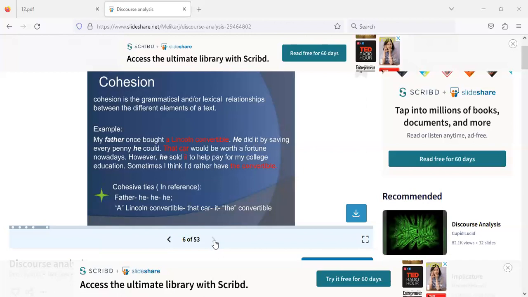So analysis of these cohesive links within a text gives us some insight into how writers structure what they want to say. So as students studying discourse analysis, what we do is actually try to interpret, by analyzing the text, the writer's structure here, right?